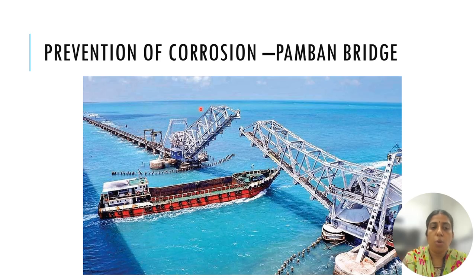Now, what is challenging here is that this is always under stress because it is under the sea water and sea current, and it is subjected to humidity, cyclones and the salts present in the sea water, and it is highly prone to corrosion. So this structure has to be protected so that the rail communication can be established.